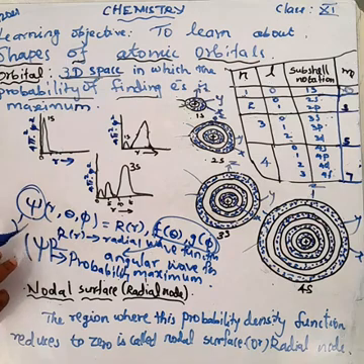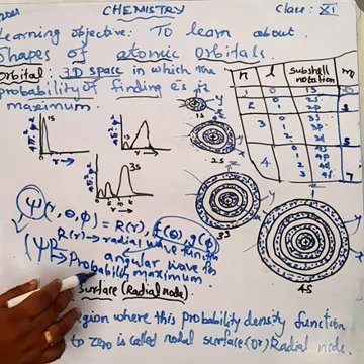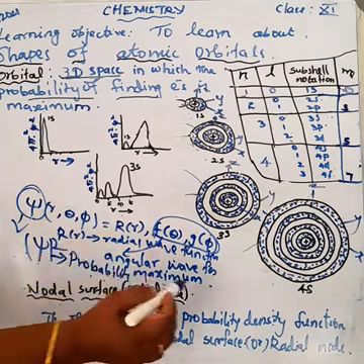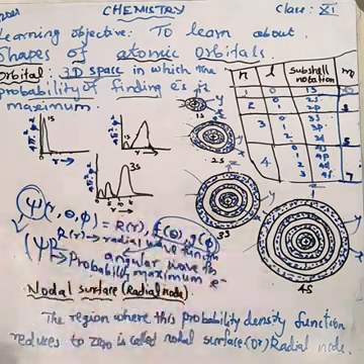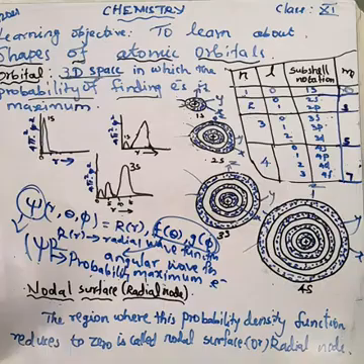Psi does not have any physical meaning, but when we take the square of psi, we can find the maximum probability of electrons.